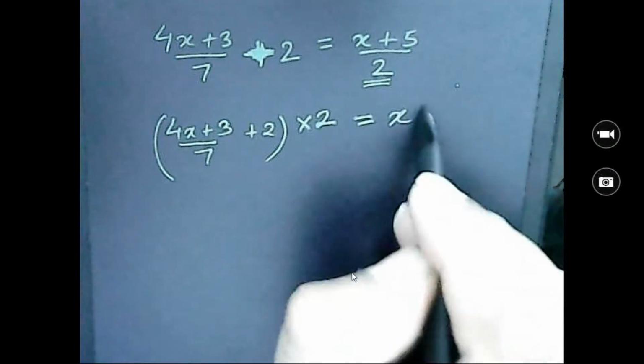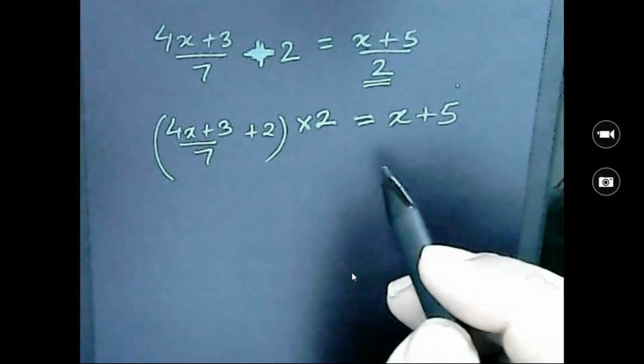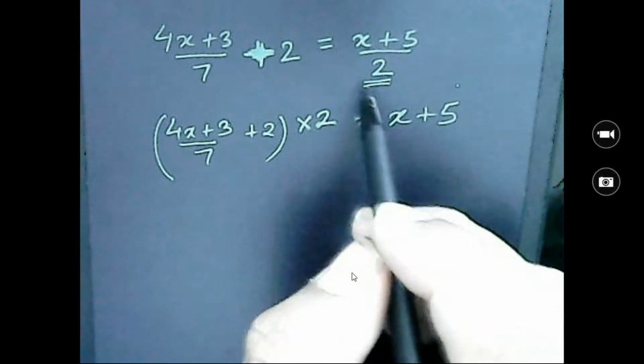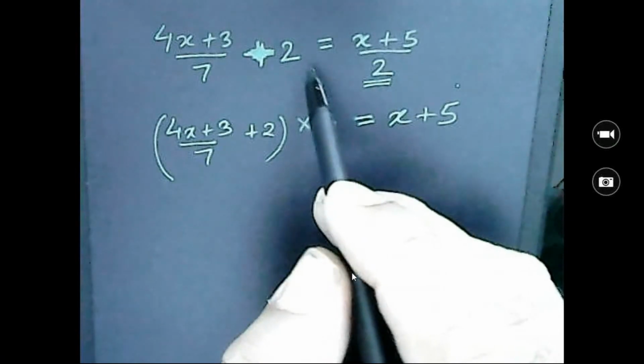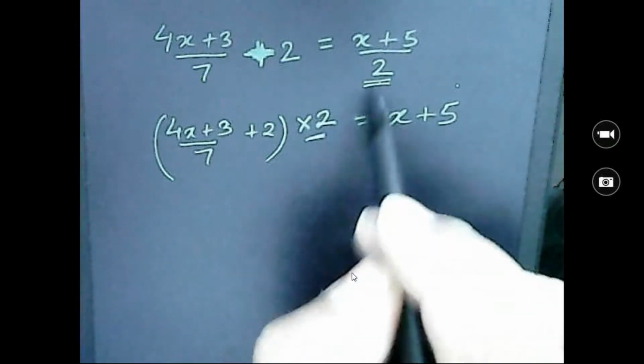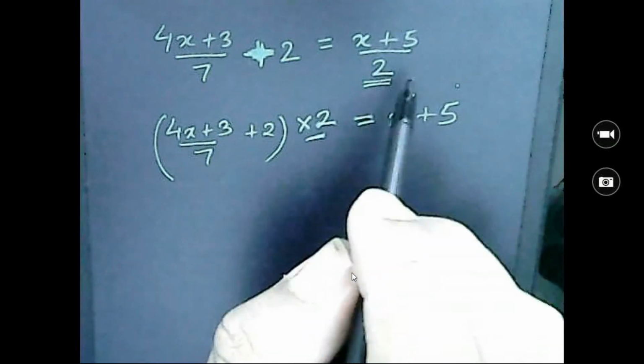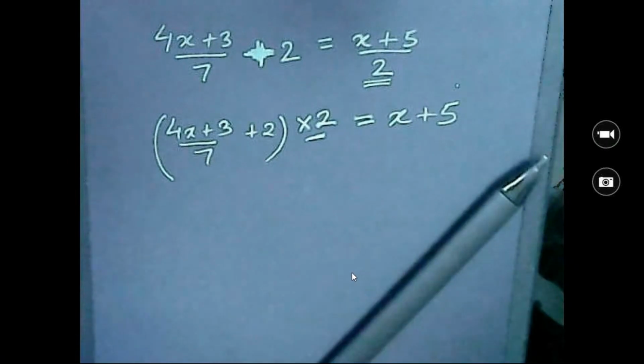And here this was x plus 5, fine. So once you make a cross multiplication, this 2 will come to this position, and since here it was getting divided, in this case here it will be multiplied. Okay, now let's go ahead.